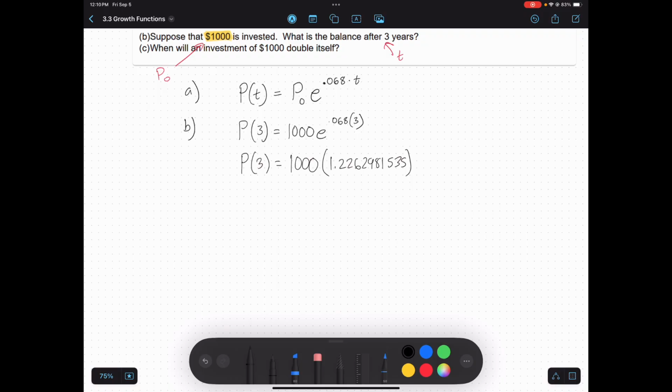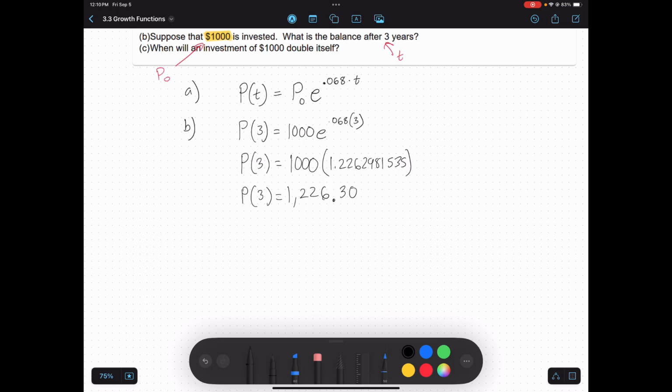And so then I'm just going to multiply that by 1,000, and I get P of 3 is equal to 1,226.298. Since this is talking about money, I'm going to round to the nearest hundredth, so that's 1,226.30. So that's the amount that's in this account after 3 years. That's the balance of the account.